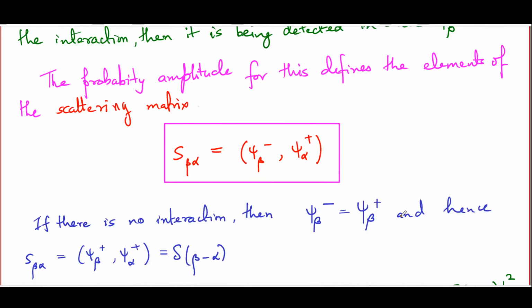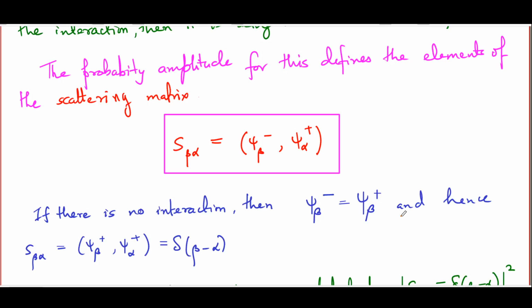Now, the difference between the in and the out states is, of course, basically because of the interaction. If H had been the same as H0, the Moeller operator omega would have trivially been the identity for all tau values, and therefore psi beta plus and minus would both have been equal to phi beta. So if there are no interactions, then psi beta minus is exactly the same as psi beta plus.